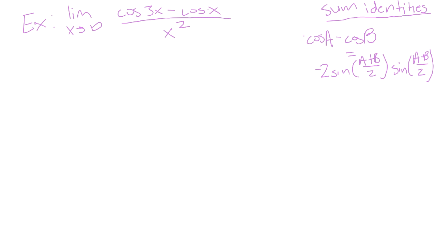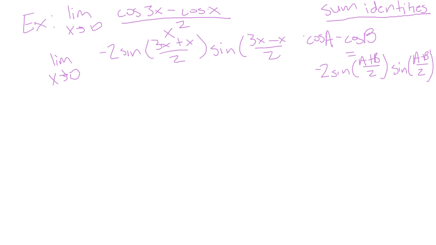So we have our limit as x approaches 0, and in our numerator, we can transform this to where we have -2 sine of 3x plus x over 2 times the sine of 3x minus x over 2, all over x squared.